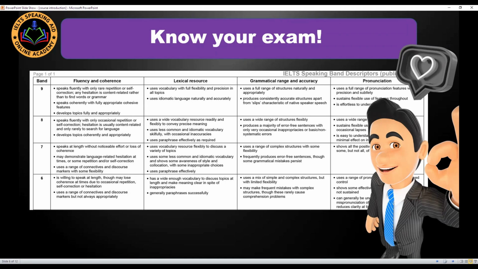That's what I mentioned in the very beginning. Set a goal. When you are setting your goals, you have to refer to a somewhat higher level of requirement. Obviously, if you need to get band score 7, you have to refer to the requirements of band score 8. Under band score 8, they have several requirements clearly under fluency and coherence, lexical resources, grammatical range, and pronunciation.